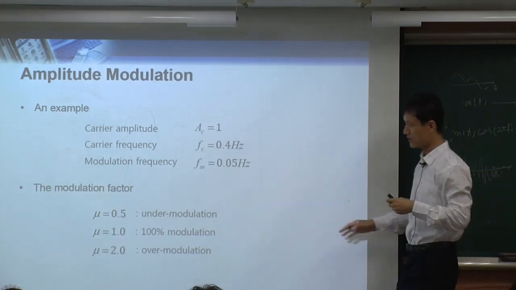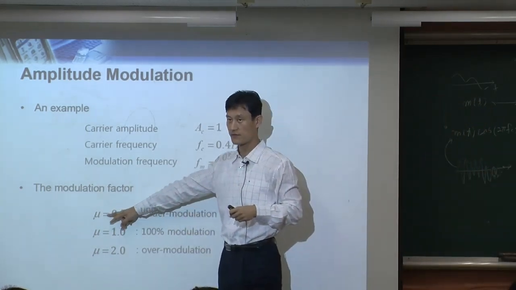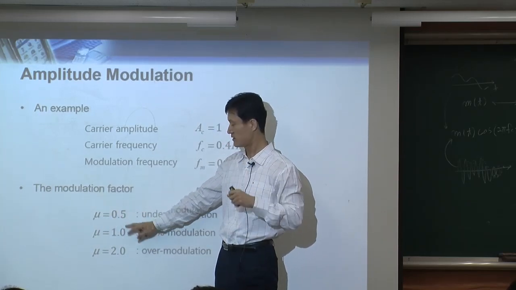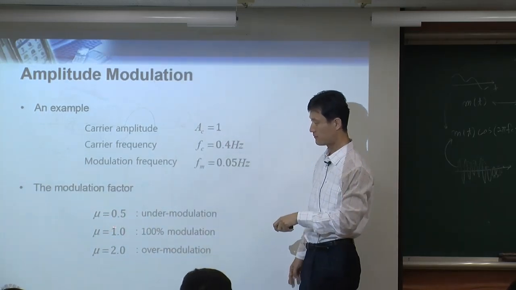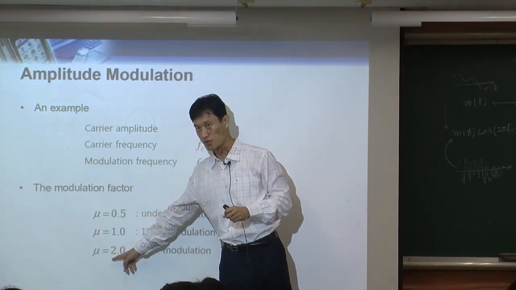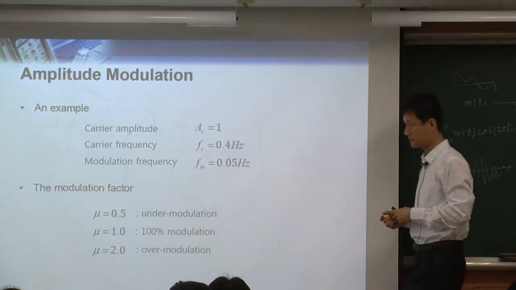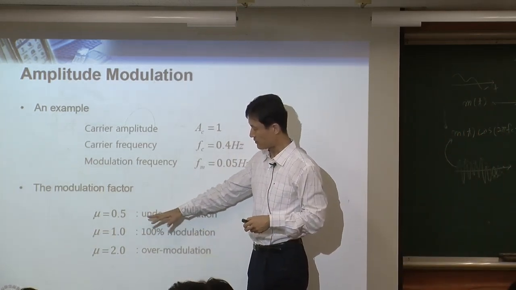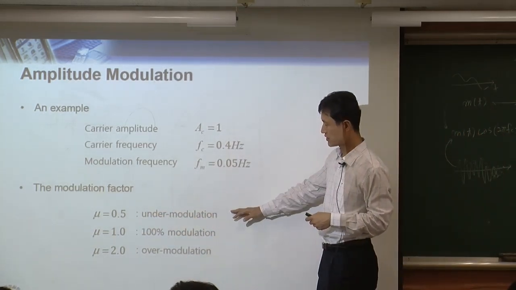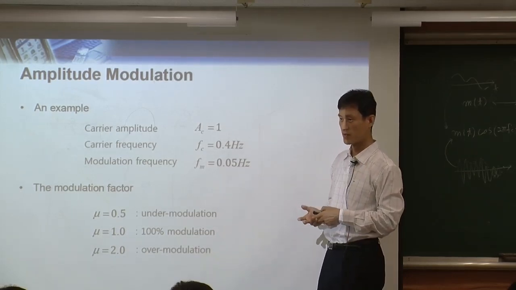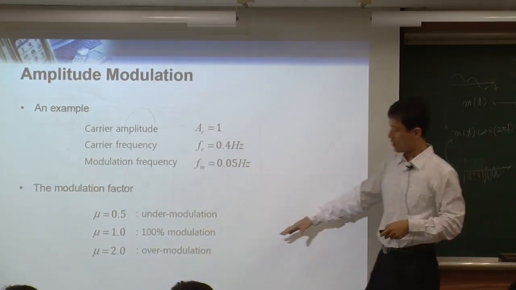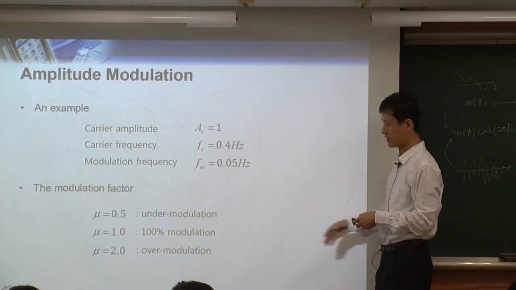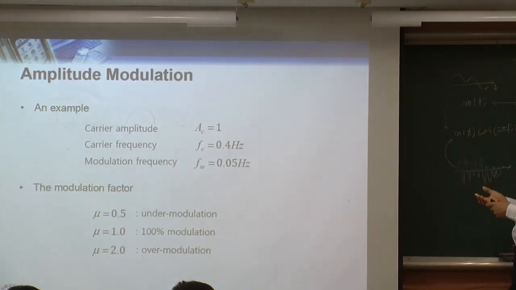And we want to look at three different modulation factors. Mu is 0.5 in the first case. Second case, mu equals 1. Third case, mu equals 2. Mu equal to 0.5 is the case we call under modulation. 1 is 100% modulation, and 2, or higher than 1, we call over modulation. I'll tell you what that means in the next slide as a picture.